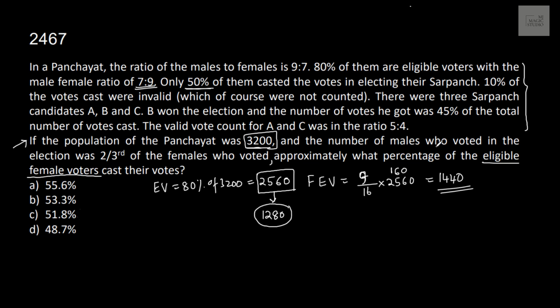Now it is said that the number of males who voted in the election were 2/3 of the females. That means F plus M, where M is 2/3 of F, equals total votes casted, that is 1280. So F would be 1280 into 3 by 3 plus 2, that is 5, and that gives us 768. 768 females have casted a vote out of 1440 eligible female voters.